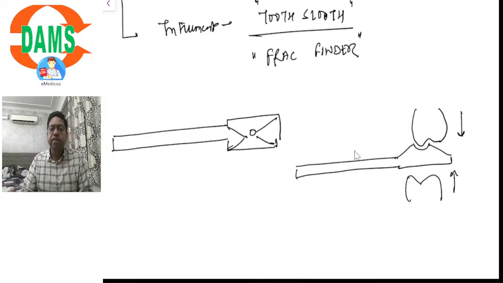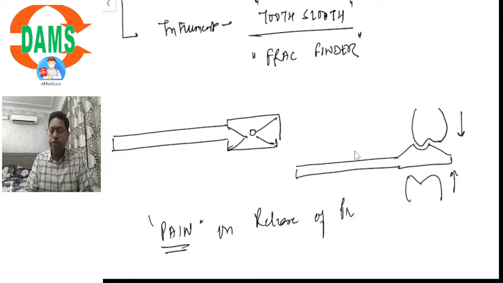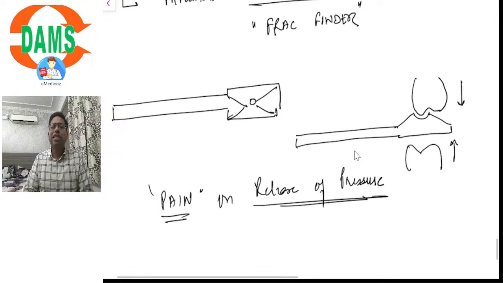Okay. This cupped out area is placed against one particular cusp and the patient is asked to bite upon it. When the patient reports pain on release of pressure, okay, the patient bites down, there is no pain, but when the patient lifts up, there is pain, it is a suspicion that there's a crack in the tooth.